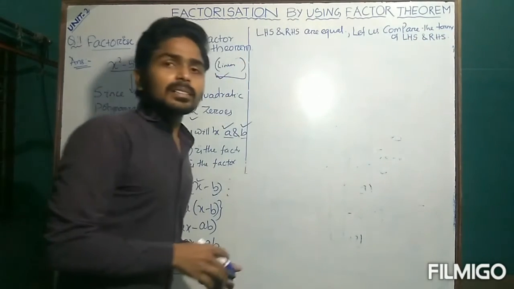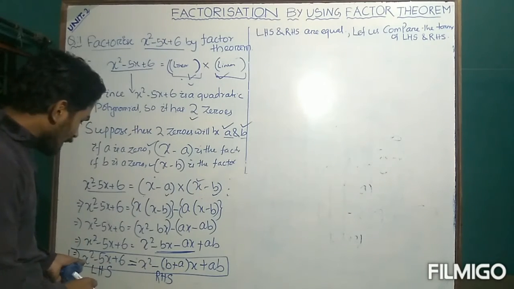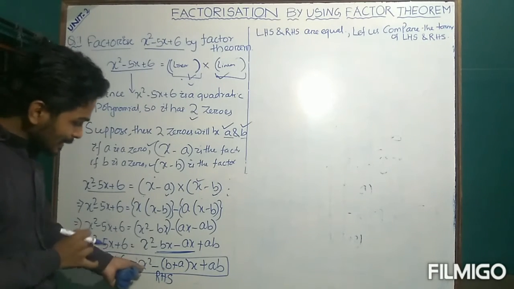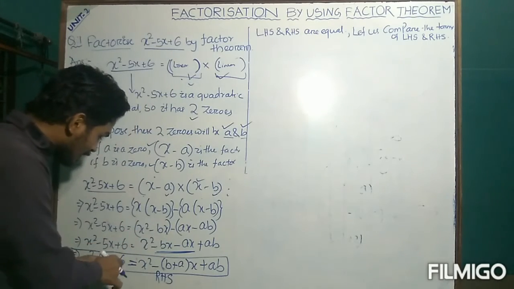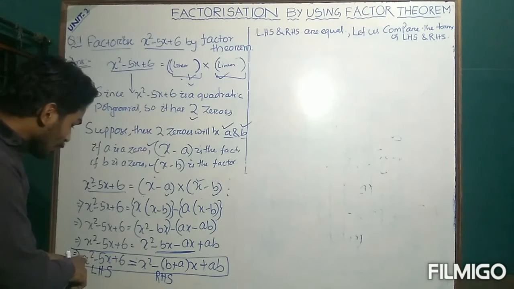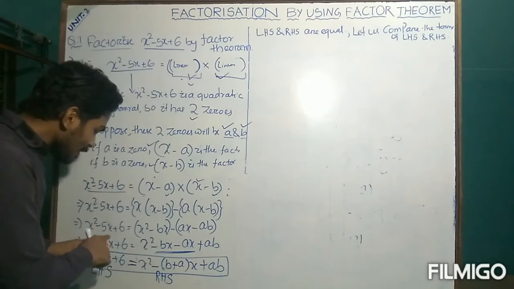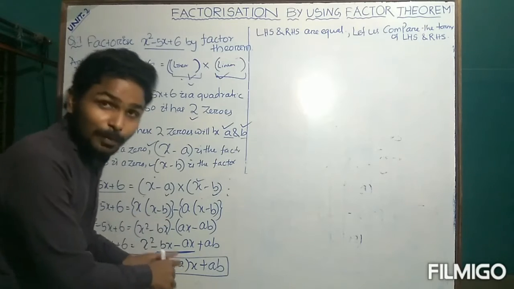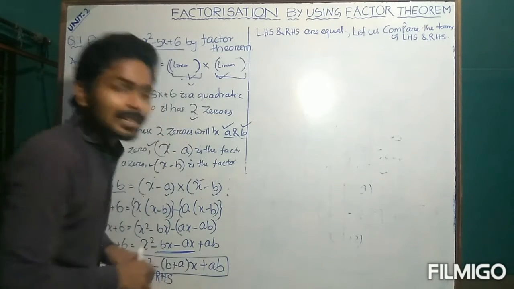How can we compare them? We can compare by simply comparing the x square term with x square, the x term with x, and the constant term with the constant. Are you getting my point? Comparing the coefficient of x square with the coefficient of x square, the coefficient of x with the coefficient of x, and the constant term with the constant term.